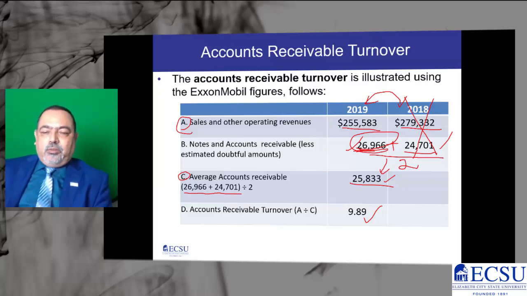So you may ask, is this 9.89 good or bad? It is a relative figure, so we can't say either way, but we can make a comparison. If the other company has only 5, then 9.89 is definitely better than 5.